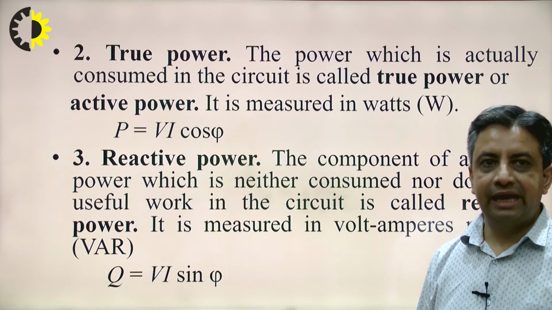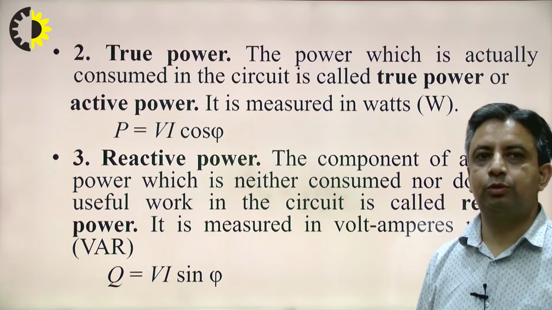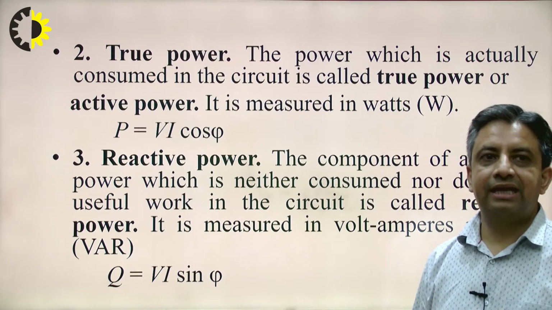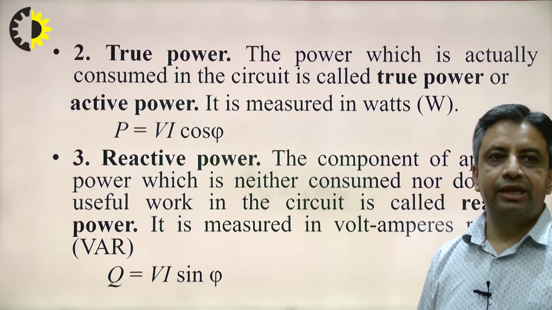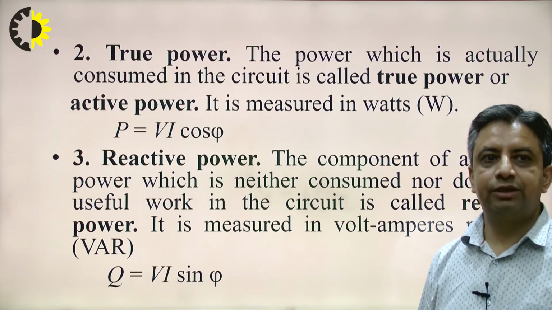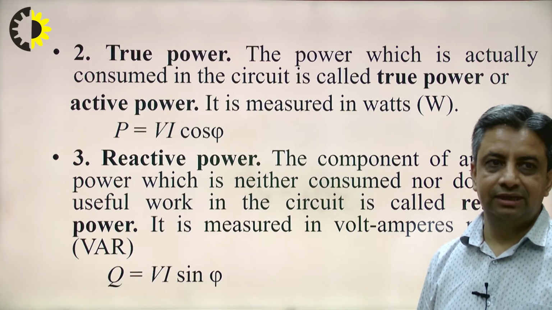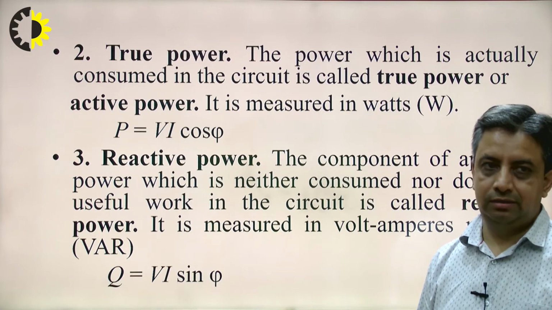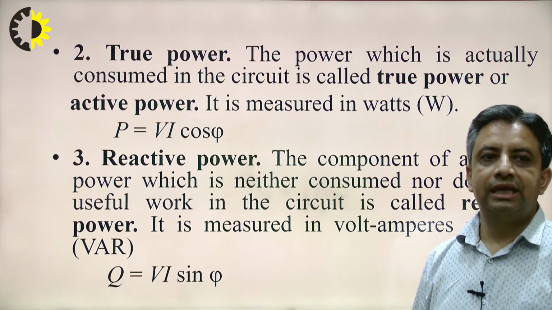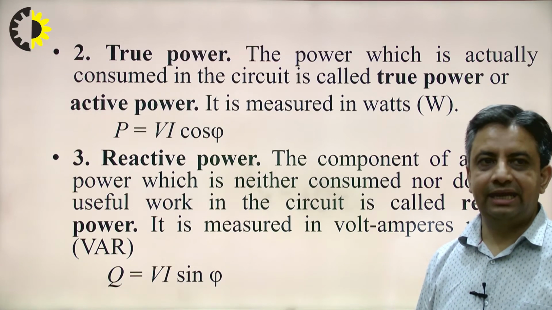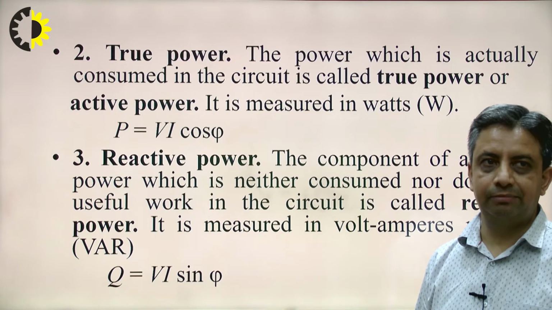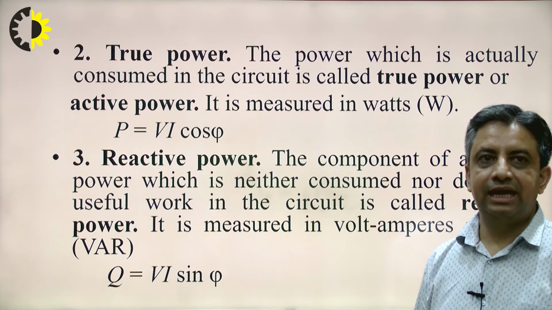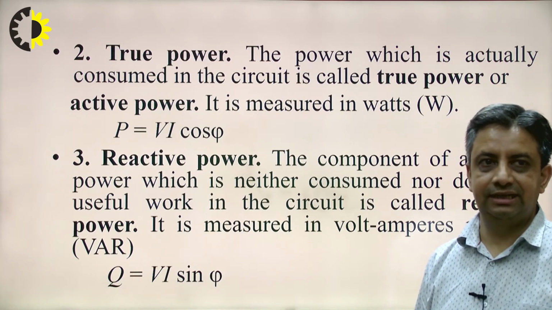But the reactive power is only related to the energy storing elements, that is L and C. The reactive power is denoted by capital Q and it is equal to VI sin phi. The units of reactive power are VAR, or the second formula is I square into X, that can also be used to calculate this reactive power. So basically these are the three types of power that are available in case of AC circuits.